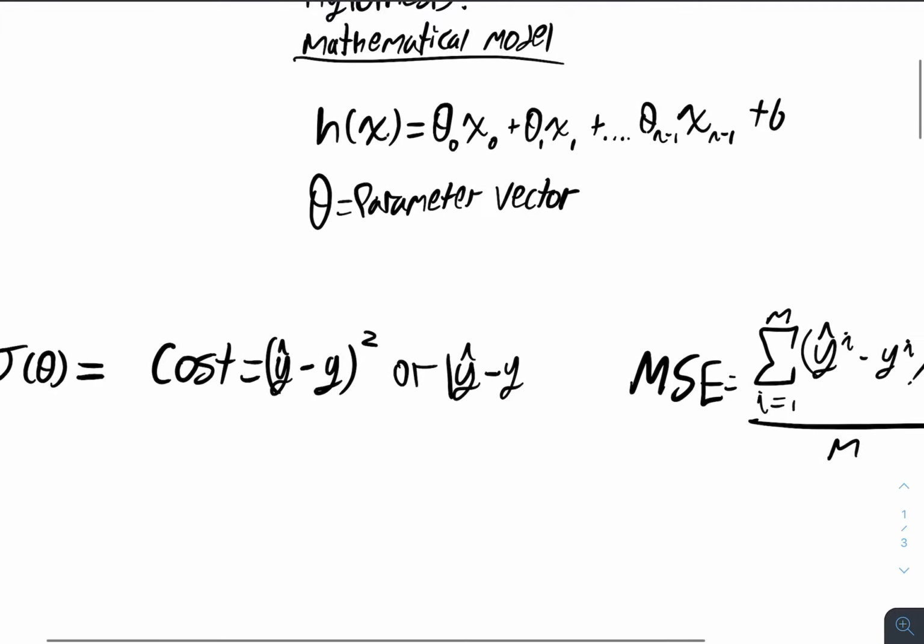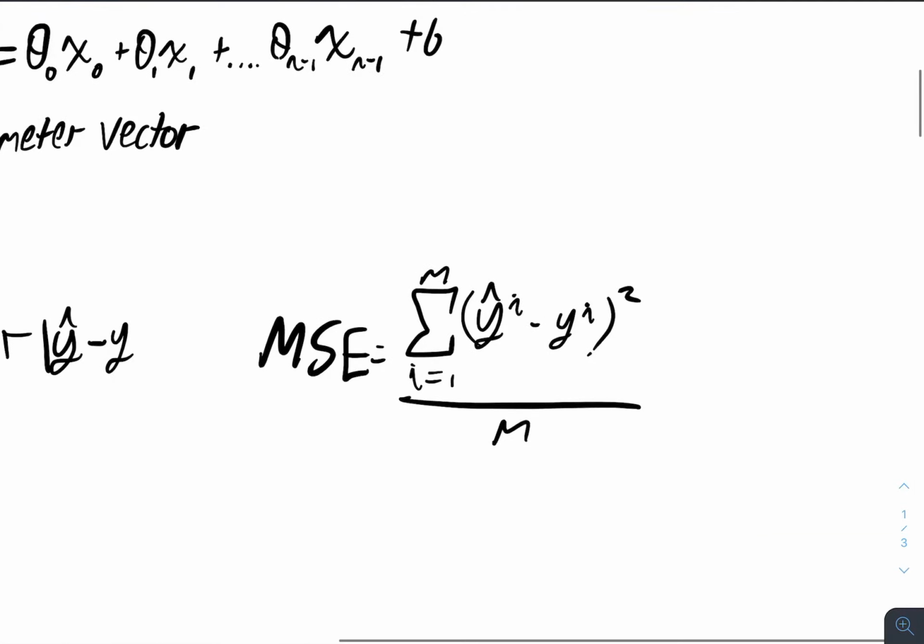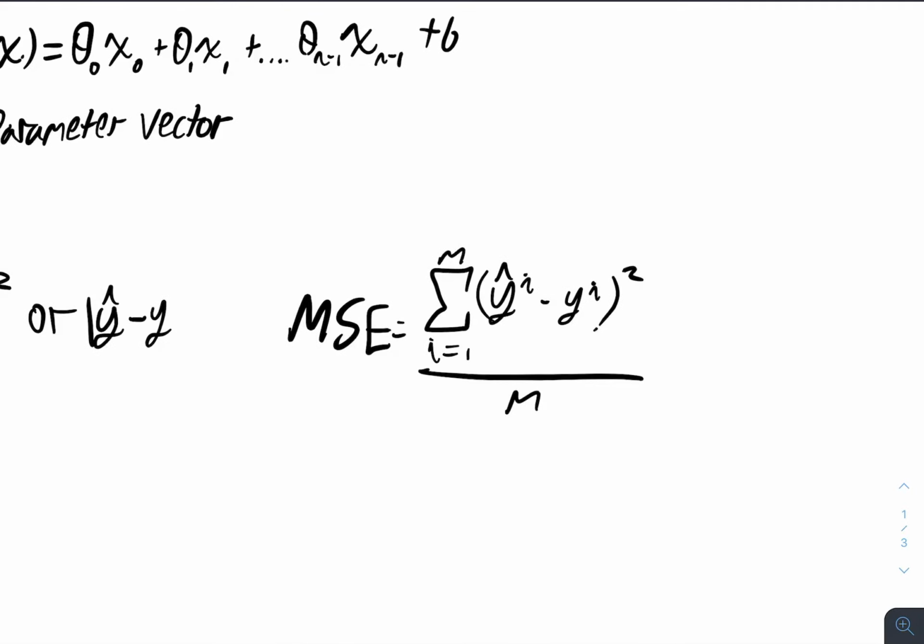And given the fact that we've divided up our data set into batches, we say that we have m elements in a batch. So we go through each element in the batch, find its squared difference, and then simply take the average of those, and we call this the mean squared error. So that's our cost function. That's how we essentially determine how good our model is.